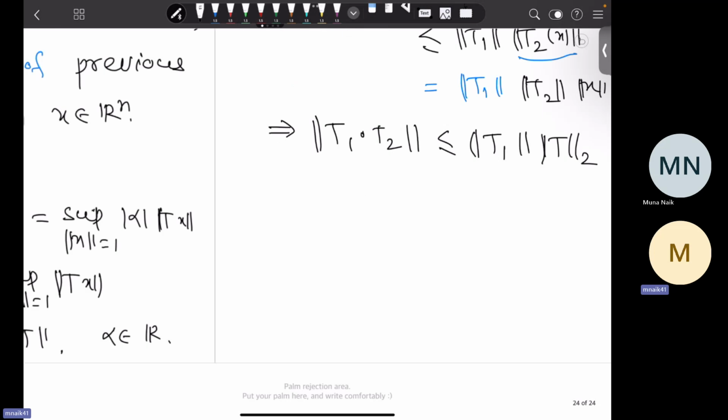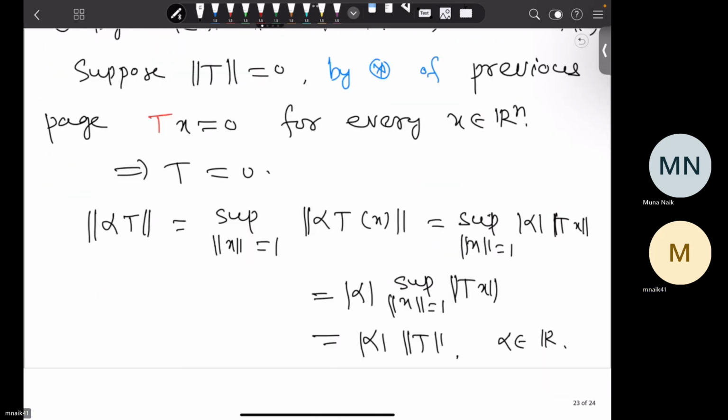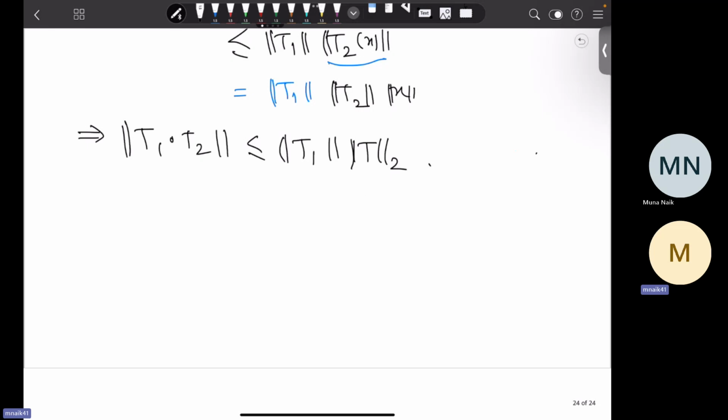Now, we have proved this thing. Now, this space L(R^n, R^m) is really isomorphic to M_{m×n}(R), the m cross n matrices. So this is nothing but R^{mn}.